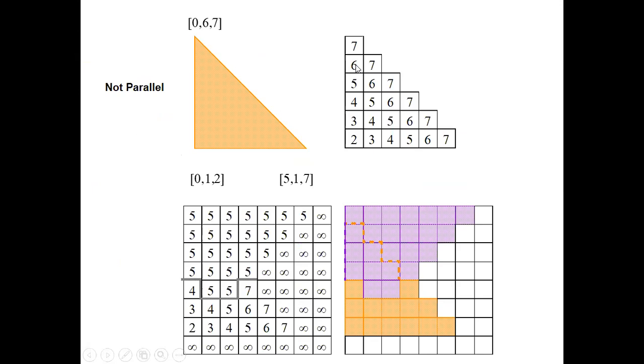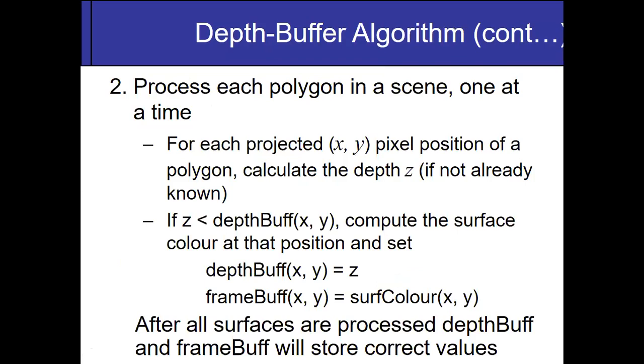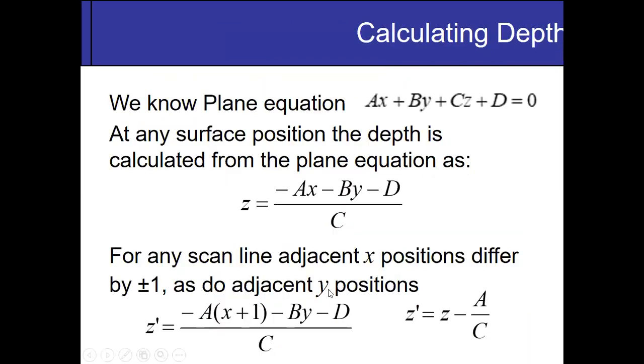The first value is 6, the second is 7. So 6 is considered as Z and 7 is considered as Z dash. For the X plus 1 position, replace X with X plus 1 and call the entire value Z dash, that is the next one.